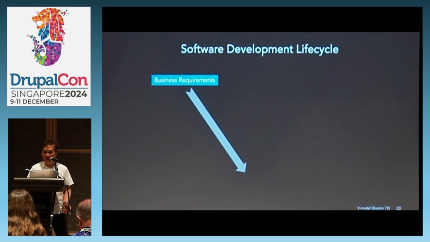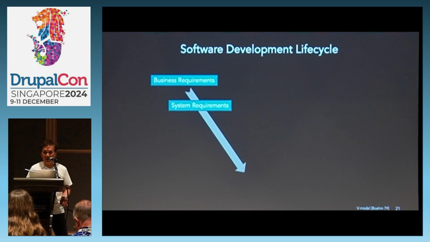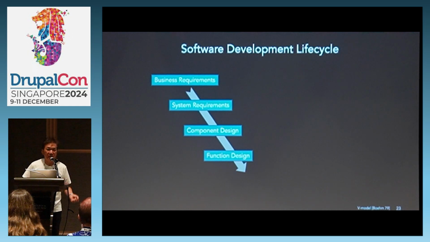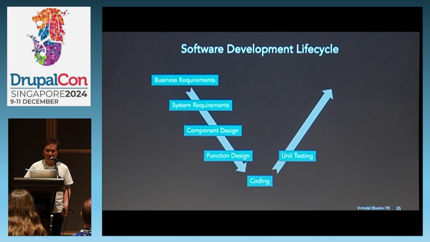The software development starts with getting business requirements from our customer and also systems requirements, and then we can move on to software component design. Actually, thanks to the Drupal core framework, I do believe that we can design the component architecture with minimum effort.